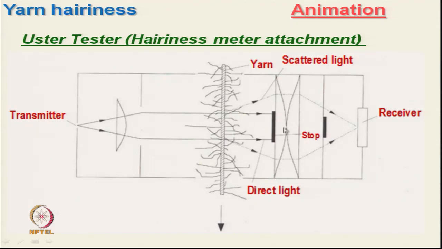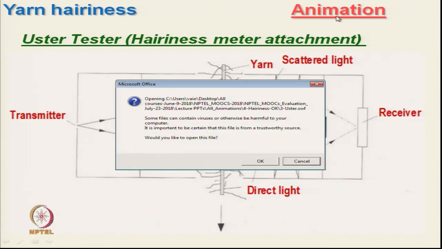It is blocked when there is no yarn, and when there is yarn without any hairs. But when hairiness is there, the hairiness will scatter the light, this scattered light will get converged again here, and the receiver will receive the light. Now, let us see the animation here.